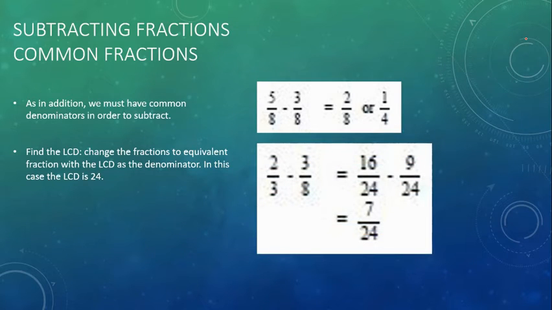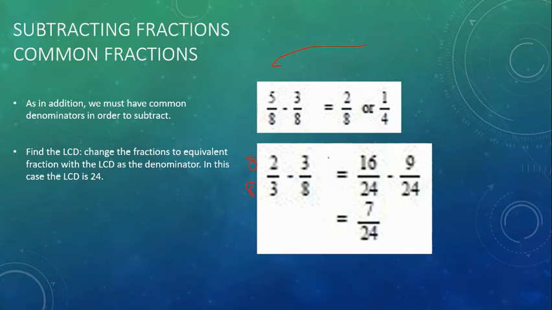Though if they're not the same, like 2/3 minus 3/8, then we have to find the LCD. So we have to change the fractions to the equivalent fraction with the LCD. In this case, we can use 3 times 8 is 24. But what that means is the first fraction has to be multiplied by 8 on the top and the bottom here.